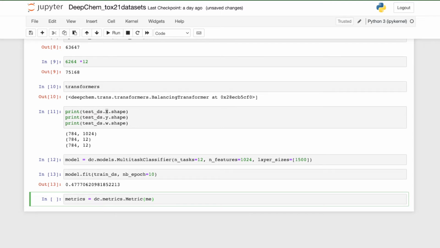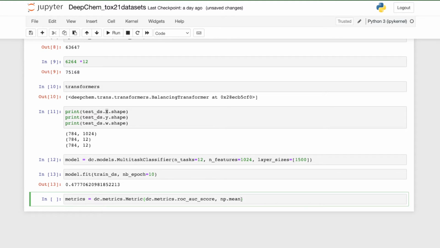Okay, so we can use the ROC AUC score for this: dc.metrics.roc_auc_score, and we want to find the ROC AUC score for all the 12 tasks, and we want to find the mean of the ROC AUC score.